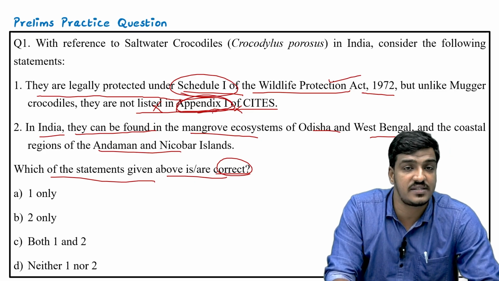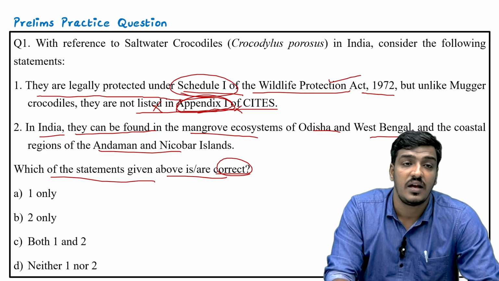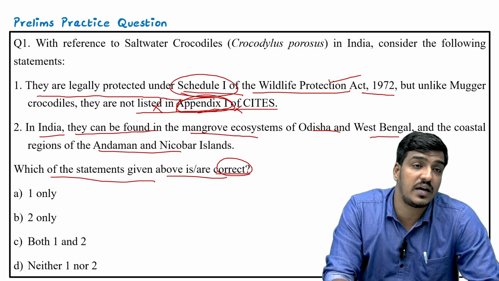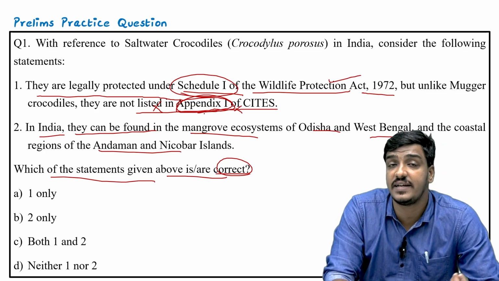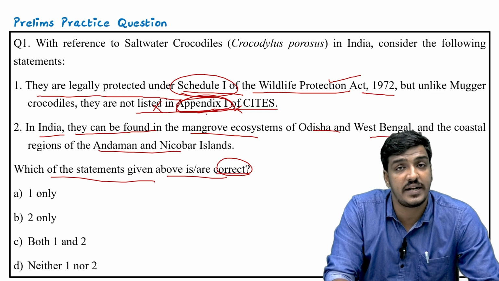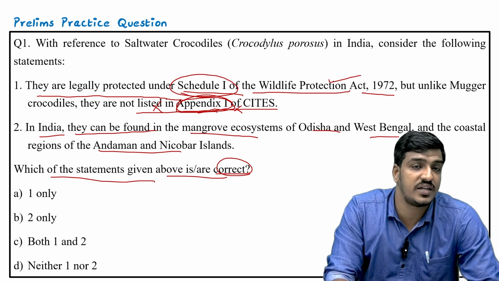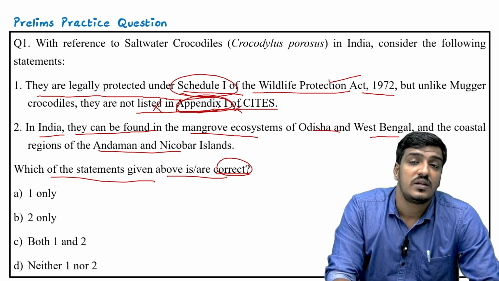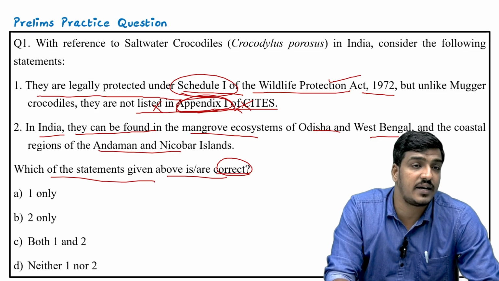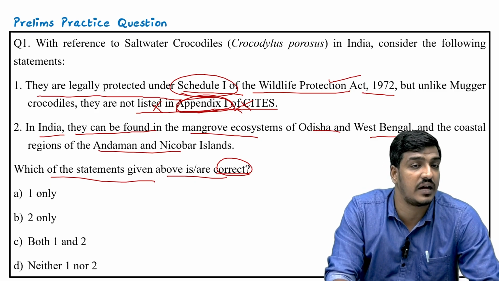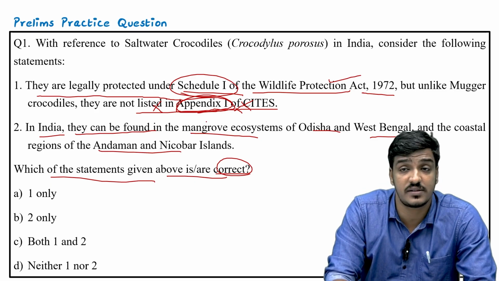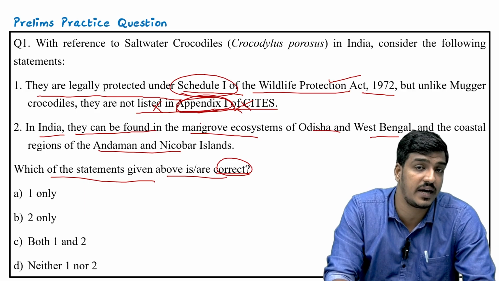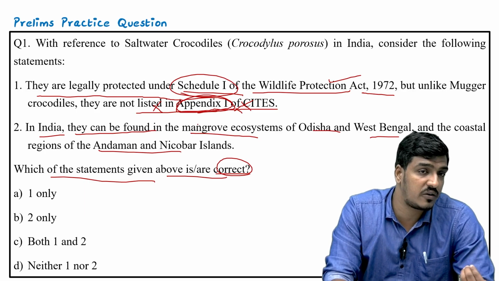The saltwater crocodile was categorized in the Appendix 1 list of CITES, but the mugger crocodile was listed as Appendix 2 in some regions or some ranges. So the second part of the first statement was incorrect, and the entire first statement was incorrect.